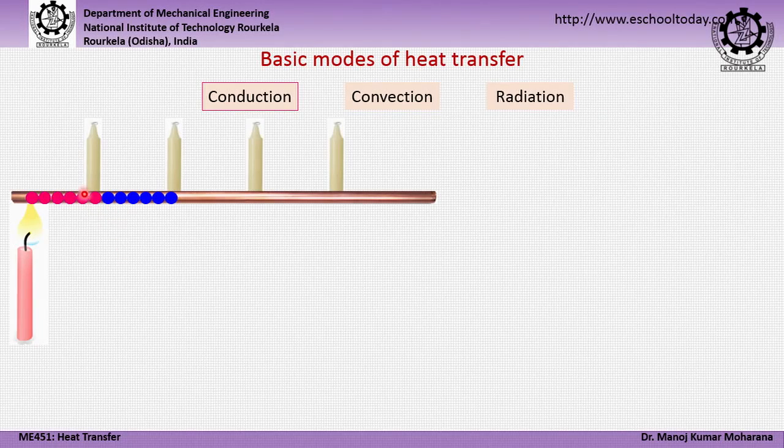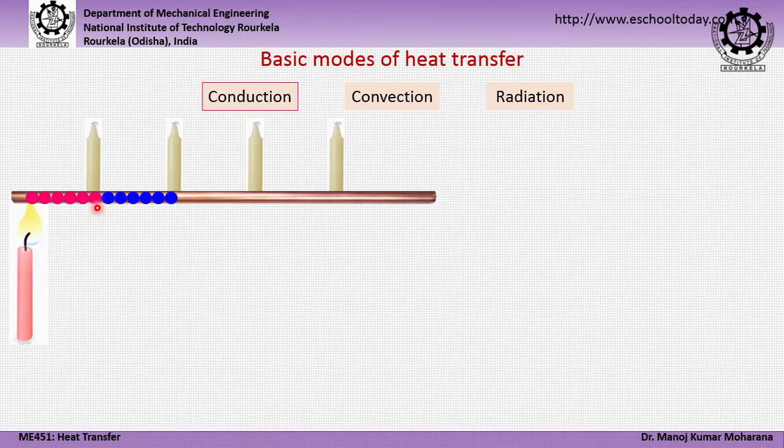So, when the molecule below this candle gains energy, then the temperature on the outer surface of this rod below this candle will increase, and when this temperature exceeds the melting point of this wax candle, then this candle will fall down.